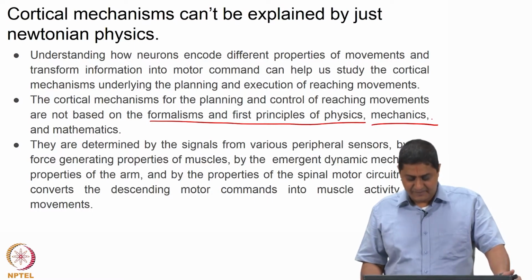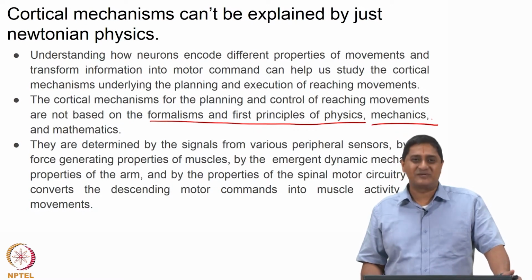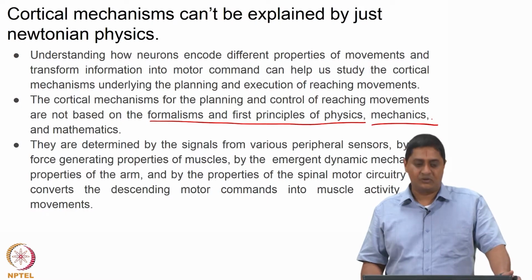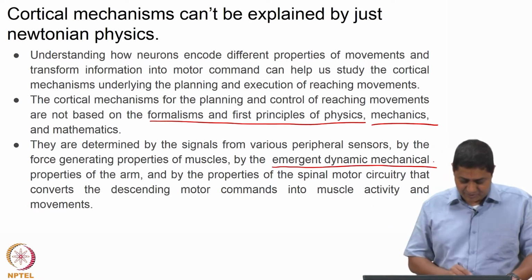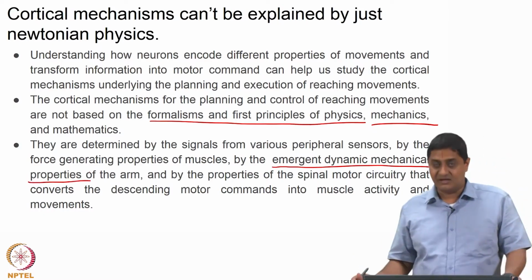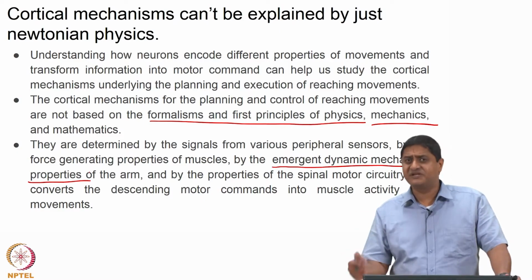So, in other words, it is not like F is equal to ma and then there is m and acceleration that is computed, right. That is not what happens, right. So, what happens is probably an emergent outcome, important. So, this is emergent dynamic mechanical properties of the system that is encoded, that determines the outcome.